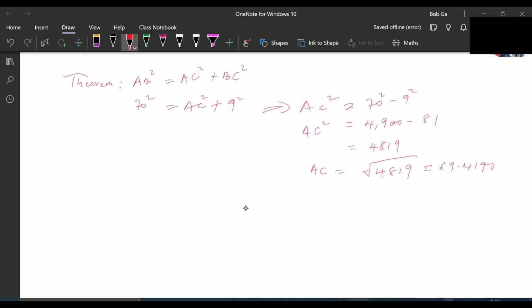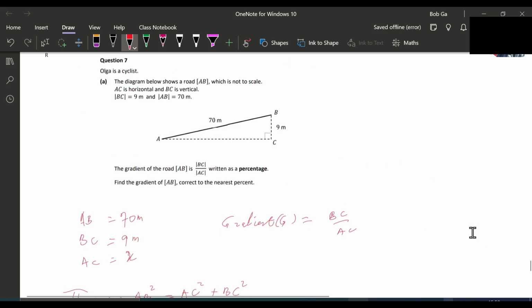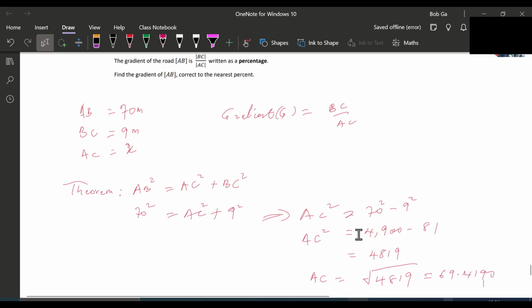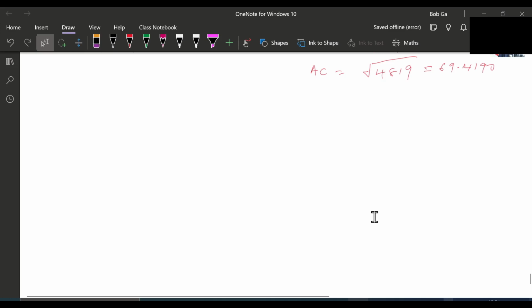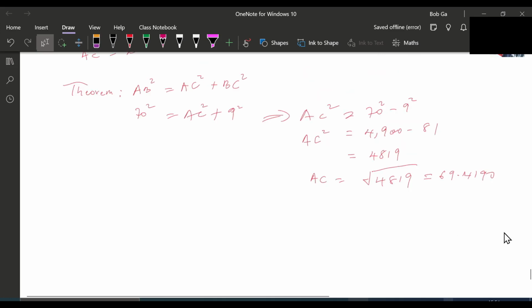And then since we now have AC, we can then look for the gradient. We can get the gradient from dividing BC over AC. Now we have BC, we have AC, then we proceed, and we'll give our result as a percentage.